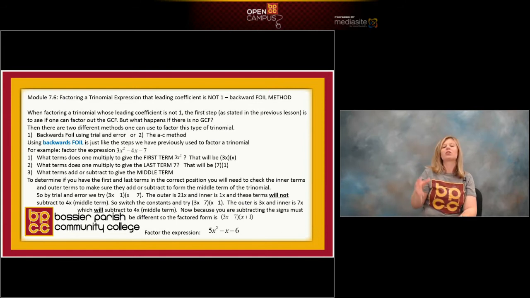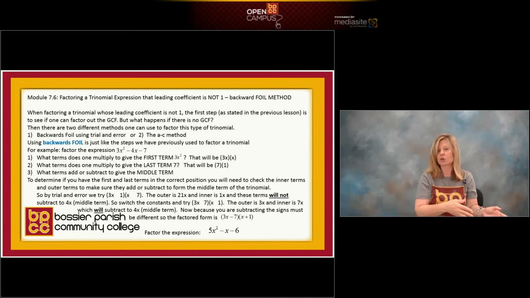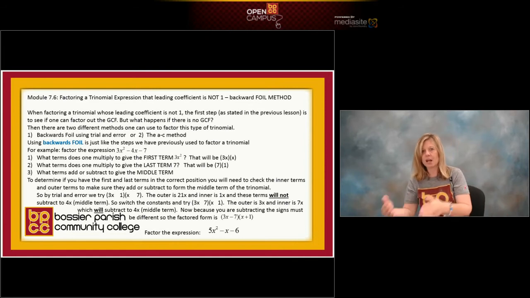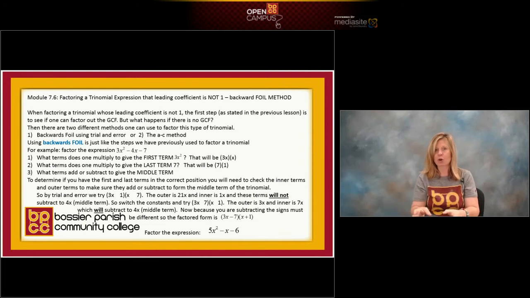The first time I wrote this out, I put the number 1 with my 3x, and I put the number 7 with my regular 1x. It makes sense: 3x times x gives 3x squared, and 1 times 7 gives the 7. Now I need to subtract to get the -4x, so I have to check my inners and outers.